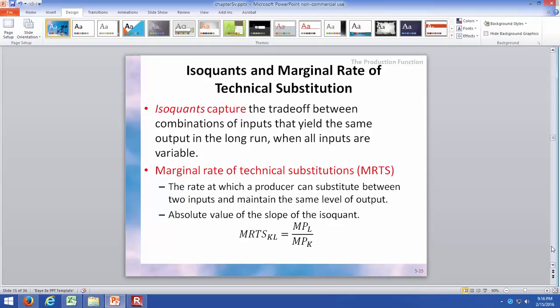Suppose we want to change labor for capital: how many units of capital do we need to supply to replace 1 unit of labor? That's an example. The absolute value of the slope of the isoquant, the marginal rate of technical substitution, is given by MPL divided by MPK.